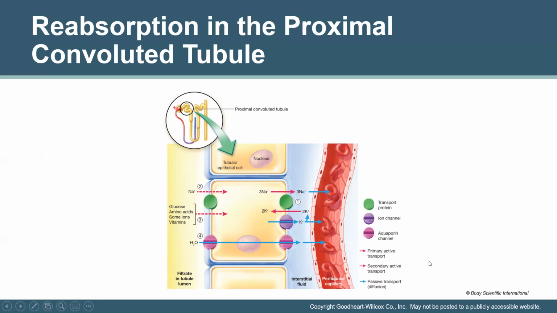So in this picture here, and this is in your book on page 503, it shows you the movement of ions and how they move in or through or across the cells within the tubule.